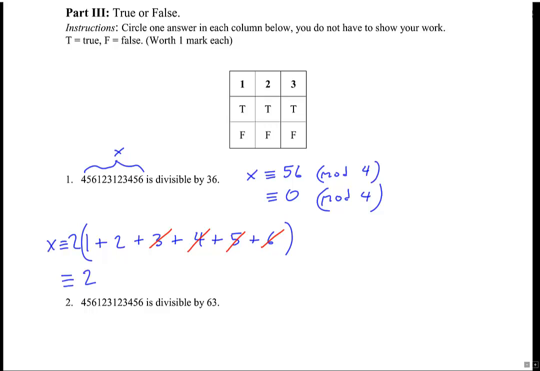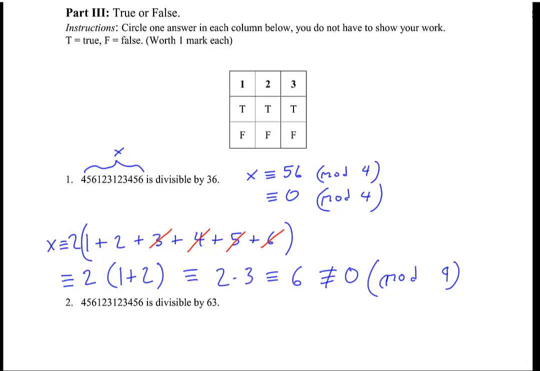We're left with 2 times 1 plus 2, or 2 times 3, which is 6, but it's not congruent to 0 in mod 9. So did this work out? No, it's just not divisible by 36. So this one is false.